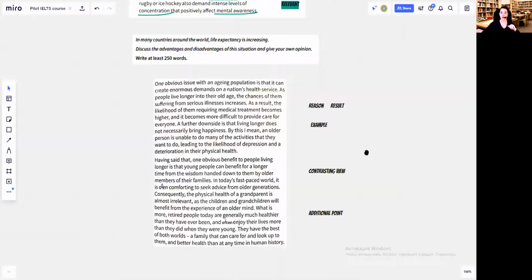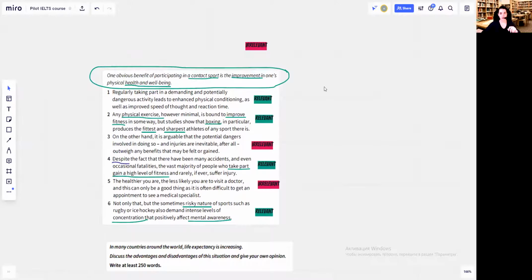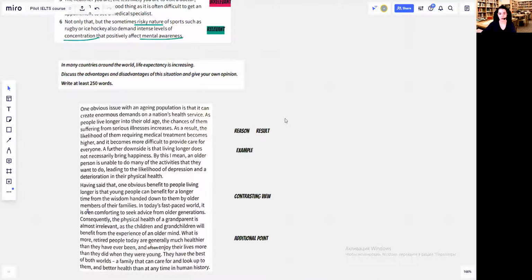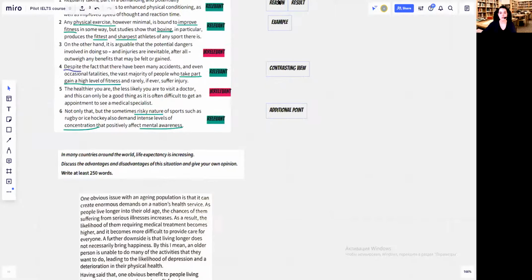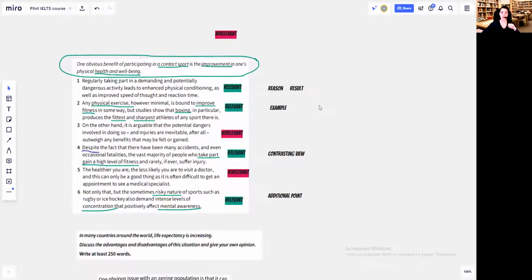Okay, let's look at the answers together. So, if you've done everything right, you could say that the first sentence involves functions like reason and result, because it talks about how doing a potentially dangerous activity leads us or causes improved speed of thought and reaction time, basically health and well-being.